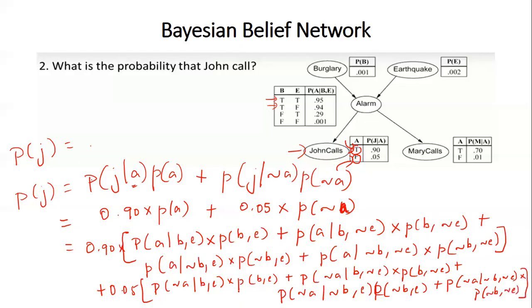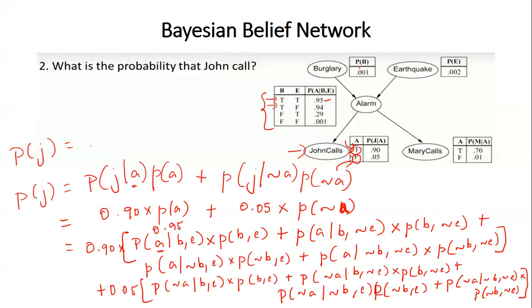So these values we have to find out to sort this out. How will we find them now? If you take the probability of having an alarm given there is a burglary and earthquake, we can find this from this table. That is 0.95. Now what is the probability of having burglary and earthquake both?